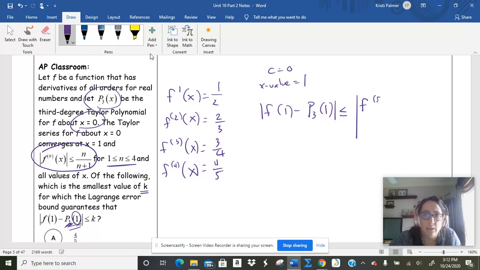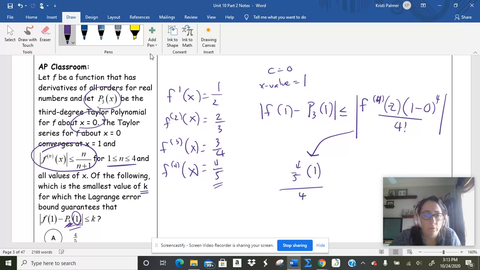Oops, that's too big. Here it's a fourth, not a third. The next derivative's max value times my x minus my center to the fourth over 4 factorial. We said this was 4 over 5, 1 to the fourth is 1, over 4 factorial.